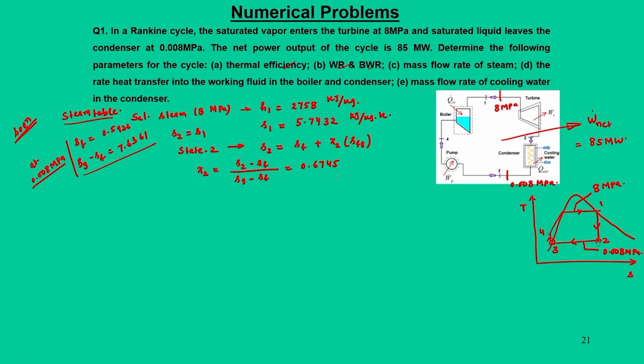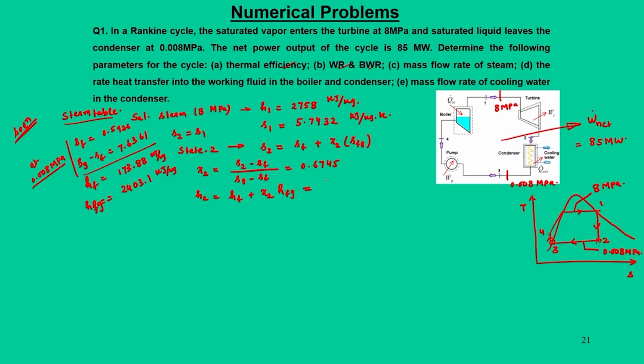Then state 3. So, once we know this X2, we can find out H2 is equal to HF plus X2 into HFG, and here also we have HF at this pressure is 173.88 kilojoule per kg, HFG is equal to 2403.1 kilojoule per kg.